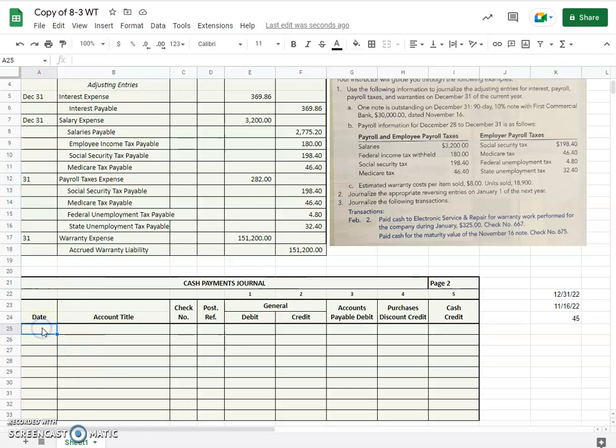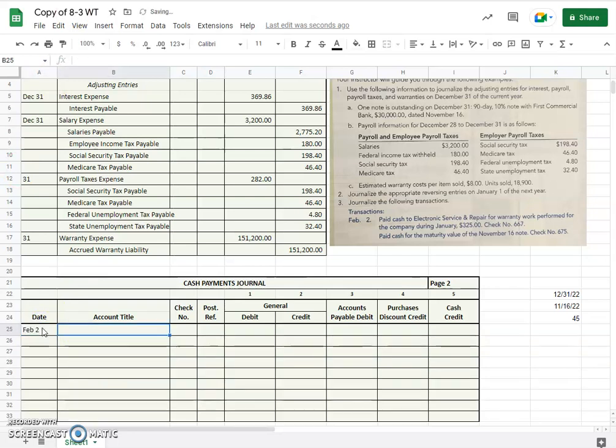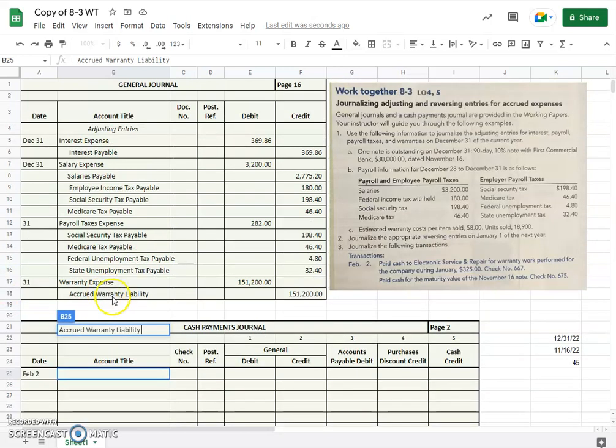Okay, so we're down here, and it is February the 2nd, and we had an accrued warranty liability that we created, right? Because we knew that we were going to have to spend some money on things that needed to be fixed, that were under warranty.